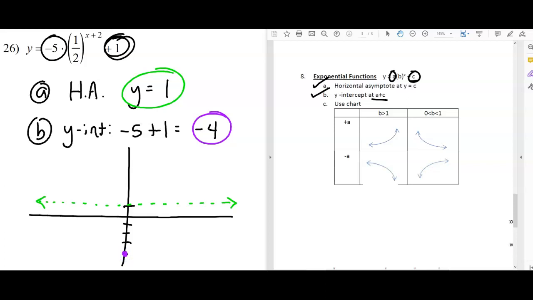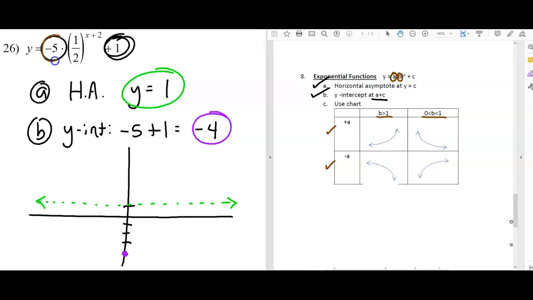The last thing that I need to do is figure out the shape of my graph, and it's based on the values of a and b. So we're going to look at a and b. Is a positive or negative, and is b greater than 1, or is it between 0 and 1? Well, let's take a look.